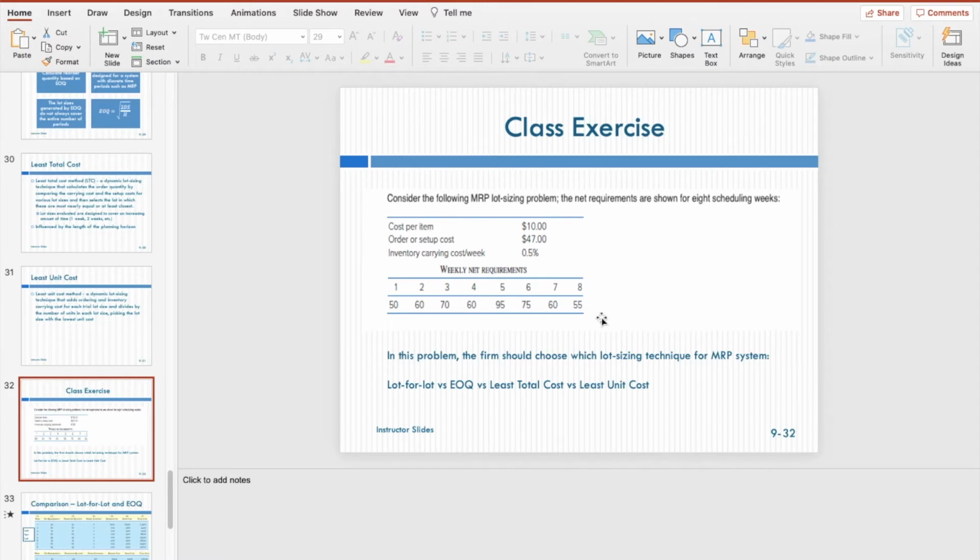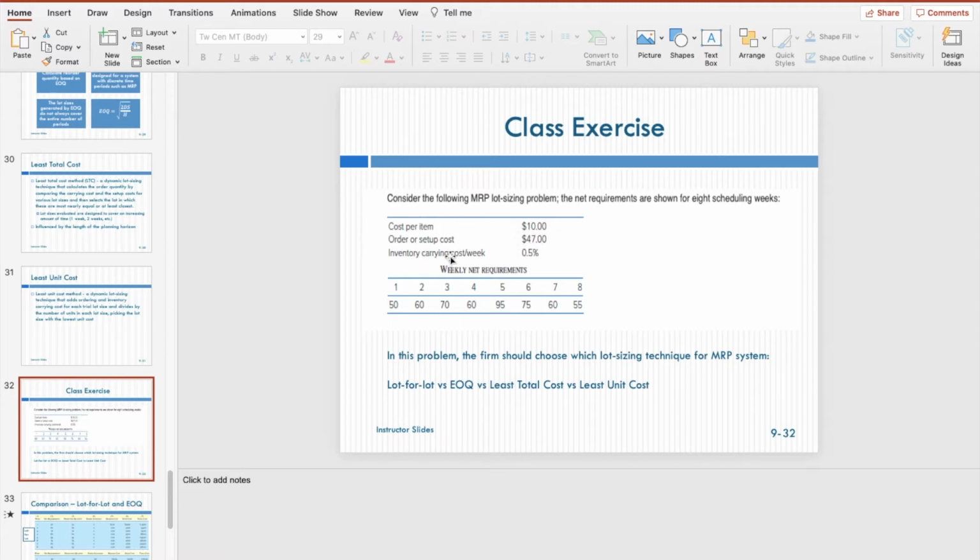This problem is considering the MRP lot sizing problem. The net requirements are already shown for 8 scheduling weeks. You see the cost per item is $10, which is the production cost per unit. The order cost is $47. You can view it as renting one truck: if you rent one truck, you need $47, so the ordering cost each time would be $47.